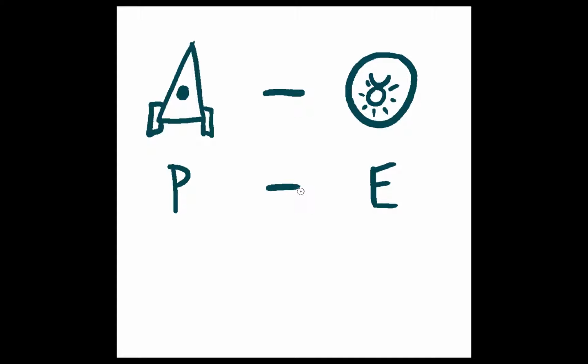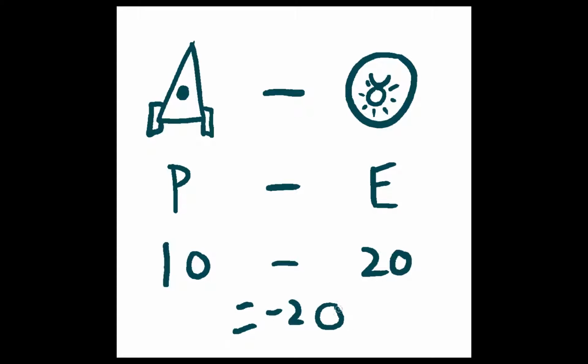So player minus enemy. Let's say the player is at 10, and our enemy is at 20. 10 minus 20, what number does that give you? I'll give you a quick second to figure that one out. It's -20. And if we use that as an x speed, that would send our enemy left, towards where the player was.